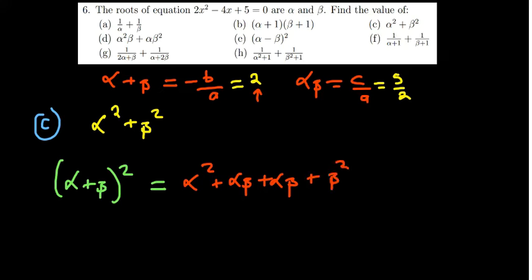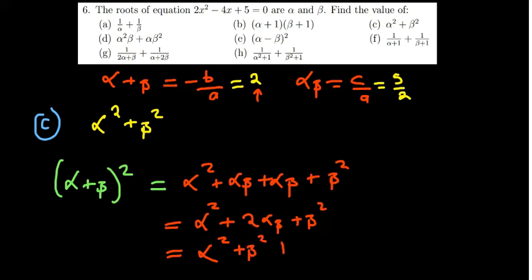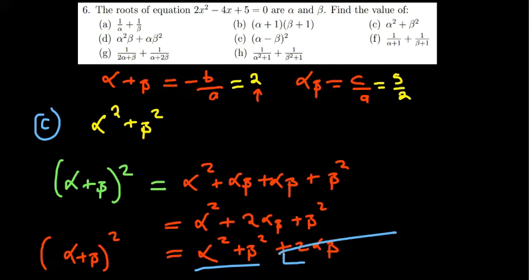So we now have alpha squared plus 2 alpha beta plus beta squared. So I can say alpha squared plus beta squared plus 2 alpha beta. On the left hand side we have alpha plus beta squared. If I'm to make this the subject, this part would have to go the other side, so it becomes negative 2 alpha beta.